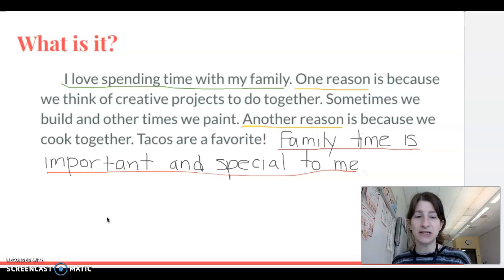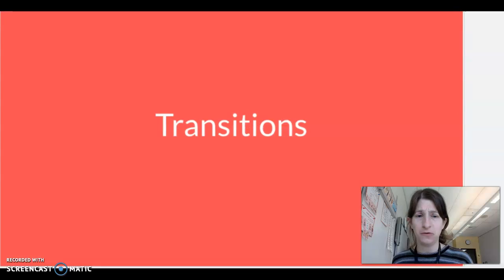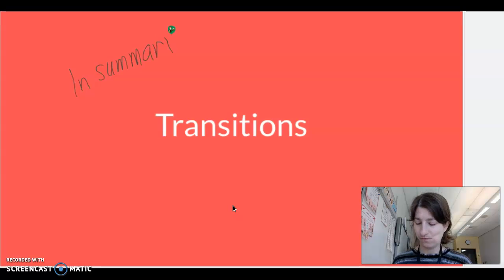So let's think about some other ways that we can conclude. Sometimes we might have transition words. So we might start our conclusion with words like, in summary, or many times people say, to summarize.